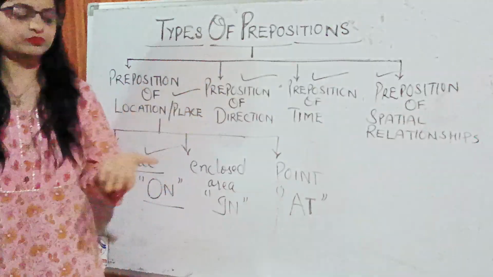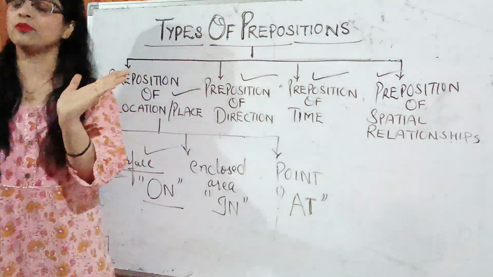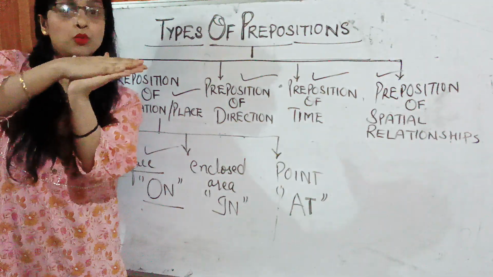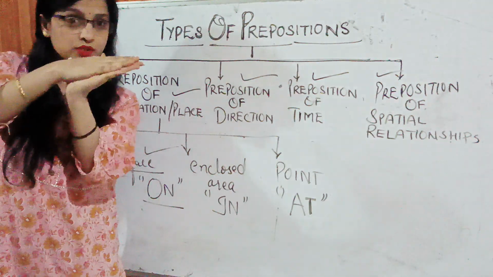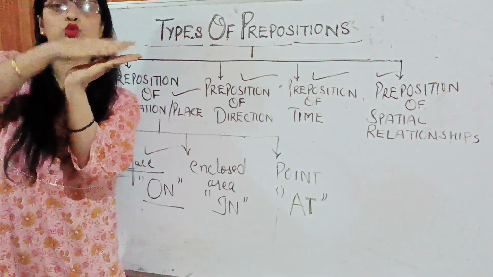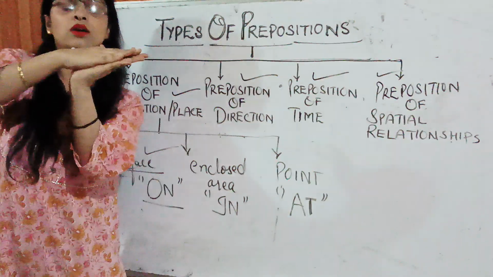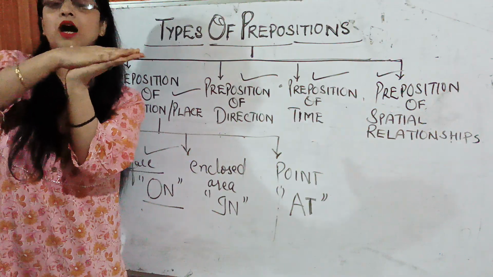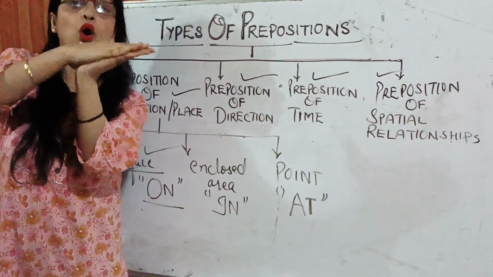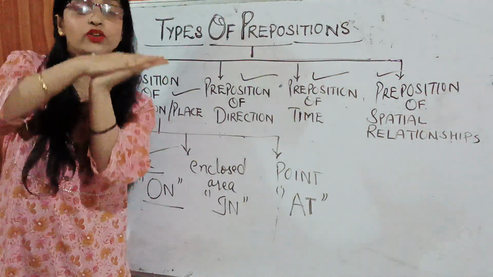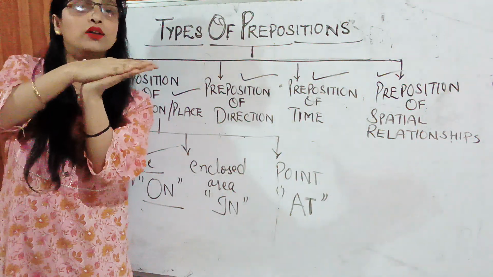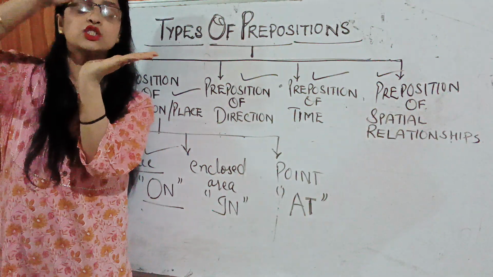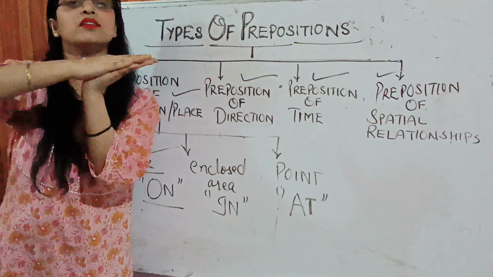This is my one hand, and I'm going to put this hand like this. What preposition do you have to use in order to point out the position of this hand? I put my one hand on my another hand. Which preposition have I used here? On. On the basis of surface, because this hand is touching the surface of my another hand.